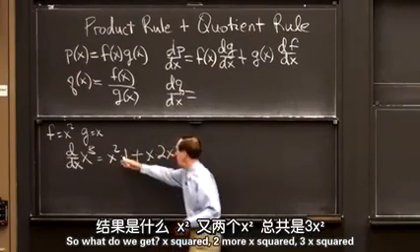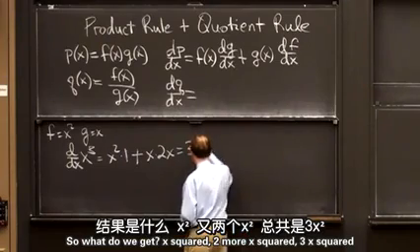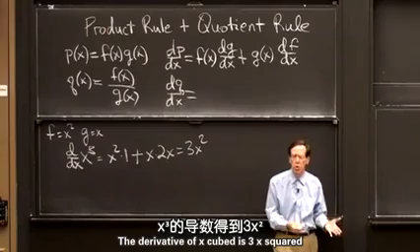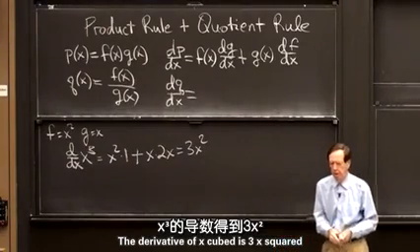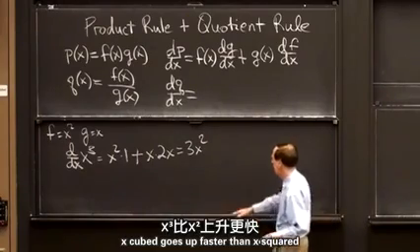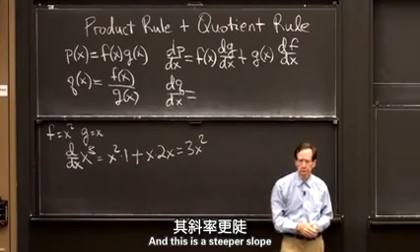So what do we get? X squared, 2 more x squared, 3x squared. The derivative of x cubed is 3x squared. X cubed goes up faster than x squared, and this is a steeper slope.